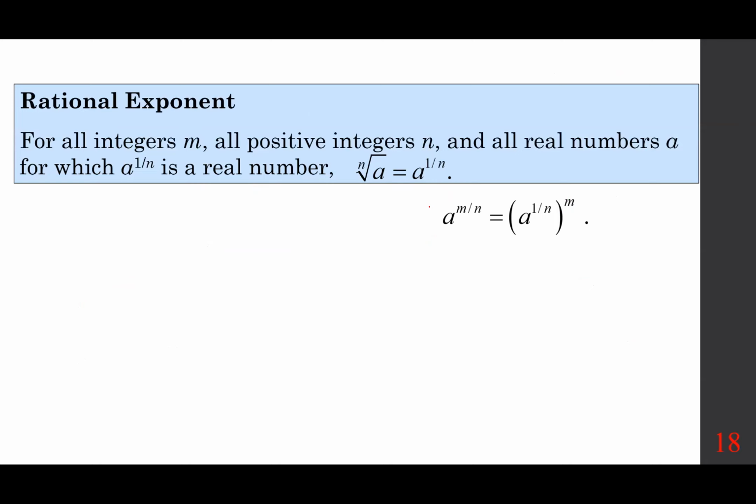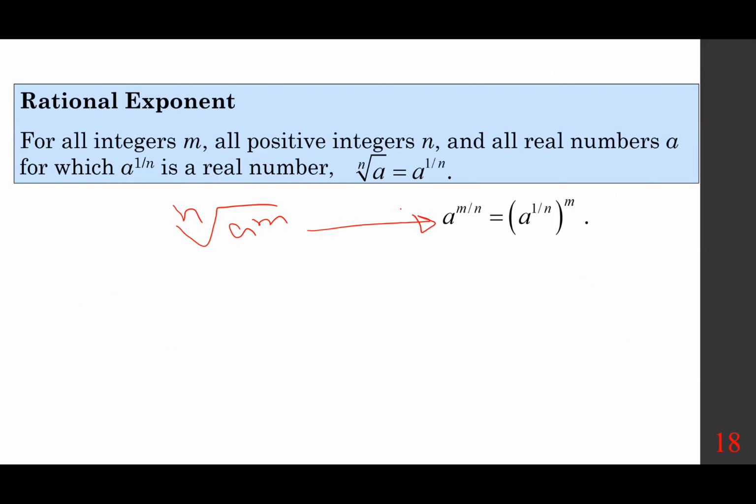A to the power of m over n is a to the power of 1 over n, to the power of m. So there are different ways of writing them. If you happen to have the nth root of a to the power of m, you can write it in this fashion also, okay?